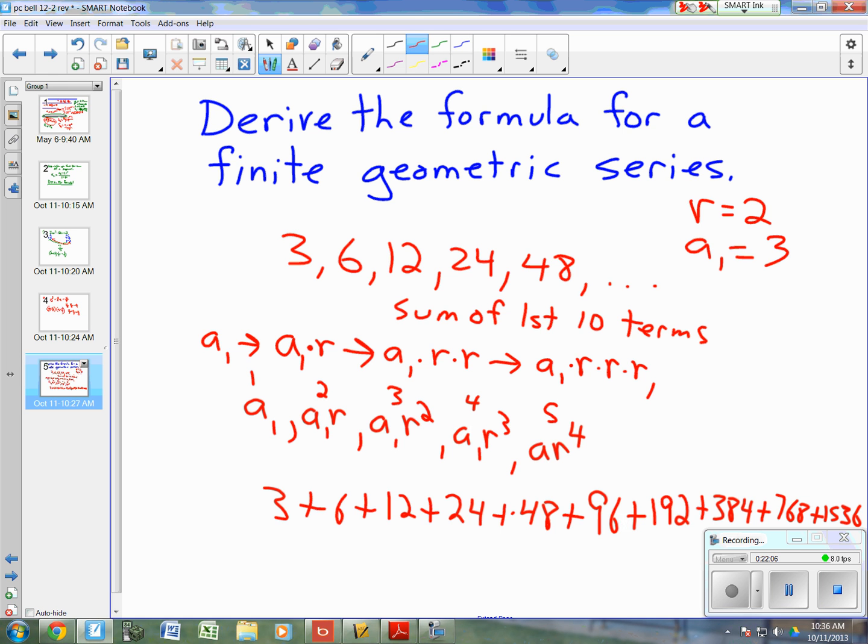Now, the formula that we learned is that S sub n equals a sub 1 minus a sub 1 r to the nth over 1 minus r. And so I'm going to teach you how to derive this right now. Okay? I'm debating on whether I should do it with real numbers or with just the formula numbers. I think we're going to do it with the formula numbers because it's a little bit cleaner.